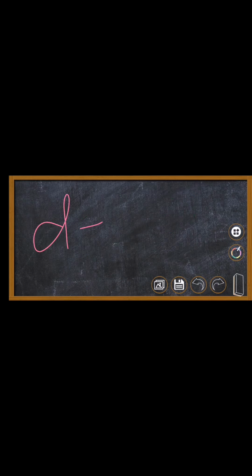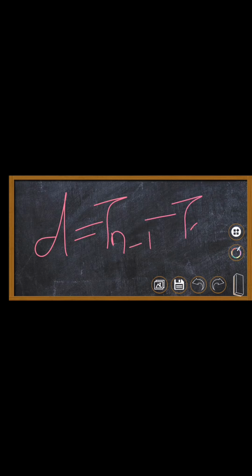You can never say T1 minus T2. It's always the number that's in front minus the previous number. So the formula can never be Tn minus 1 minus Tn. It has to be any term minus the term before it.